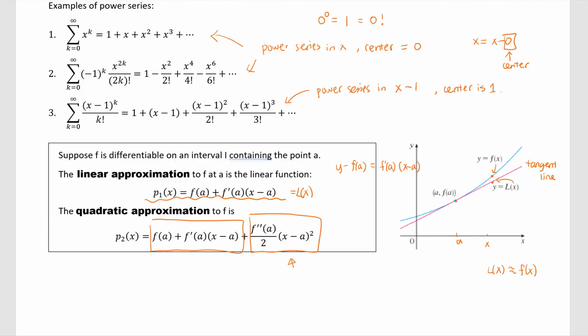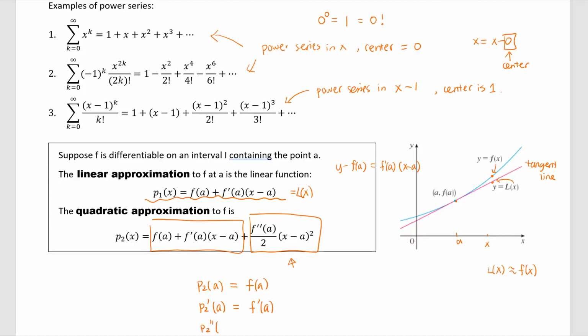Okay, so this extra term is designed such that P2 of x, when we plug in a, equals f of a. And when we differentiate P2 and plug in a, that equals f prime of a.